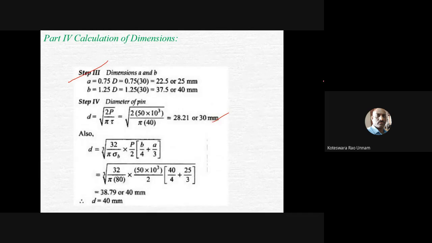Then these things: dimensions of A and B, and then the diameter of the knuckle pin based on the two criteria. The first one is based on the shear failure, and this one is based on the bending failure. So you have to pick the largest value. So finally 40 is picked for the diameter of the knuckle pin.